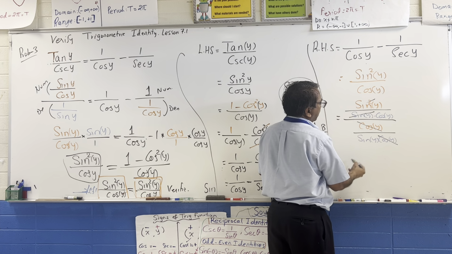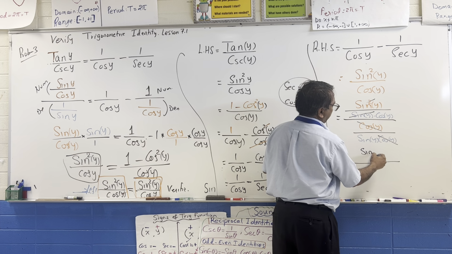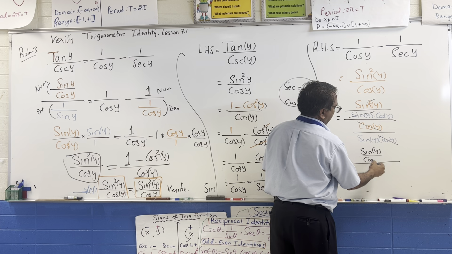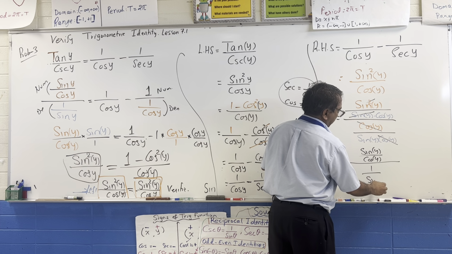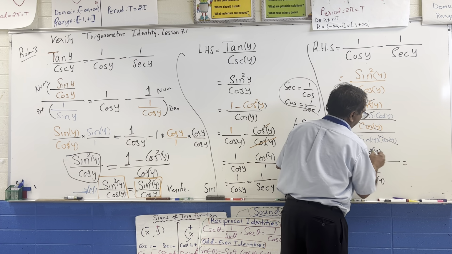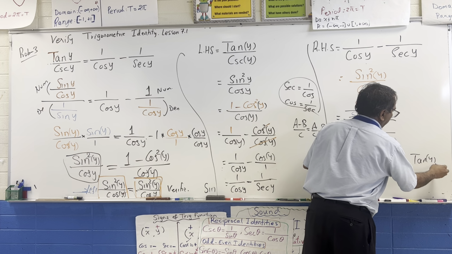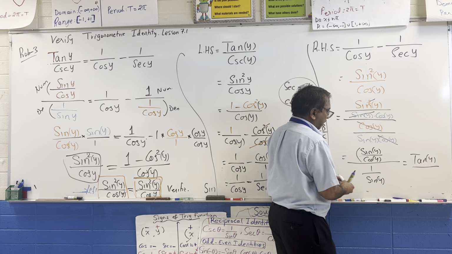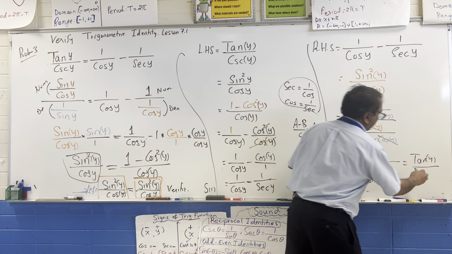So what I'm left with is sine y over cosine y, and here it is 1 over sine y. Sine over cosine is tangent y, and the denominator 1 over sine, using the reciprocal identities, is cosecant y.